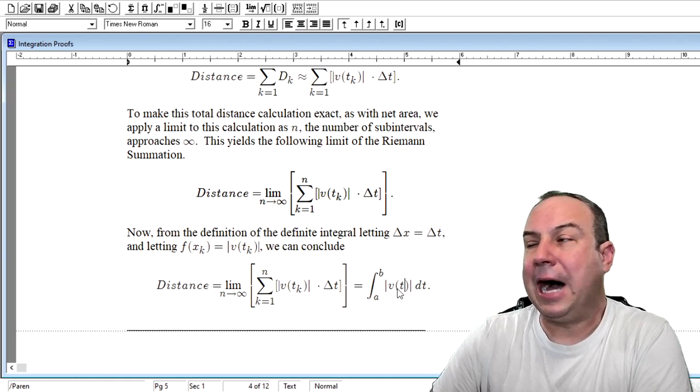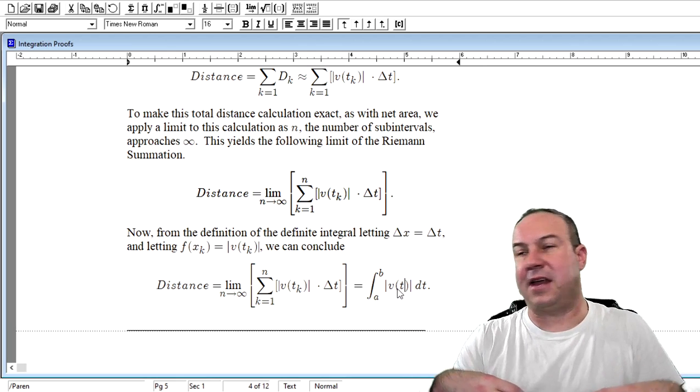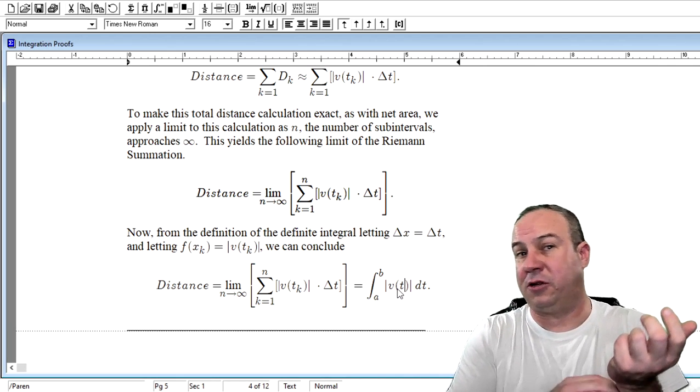All right. That is what's happening there, is we're just going back to that definition and substituting in these values and drawing this conclusion.